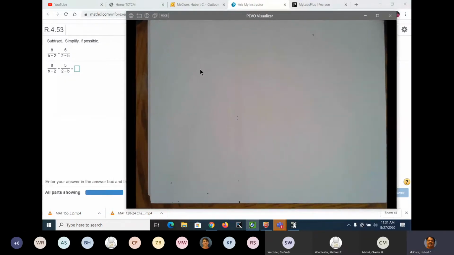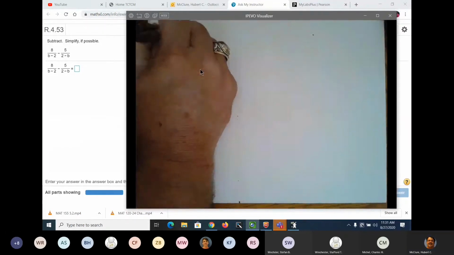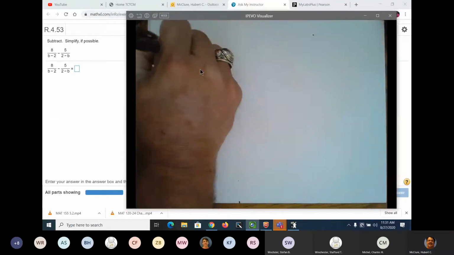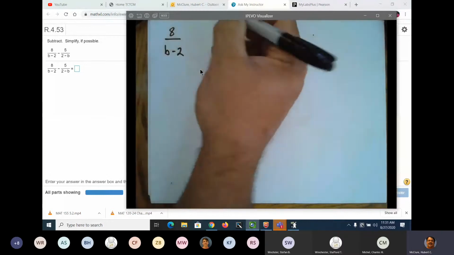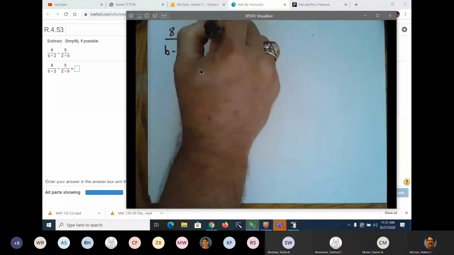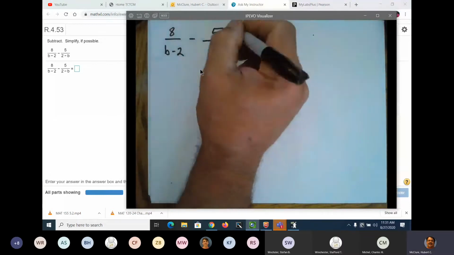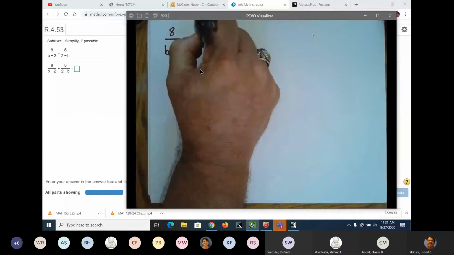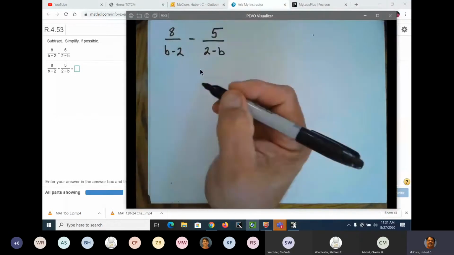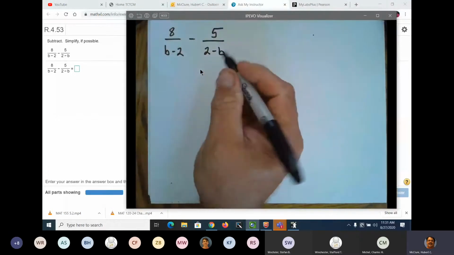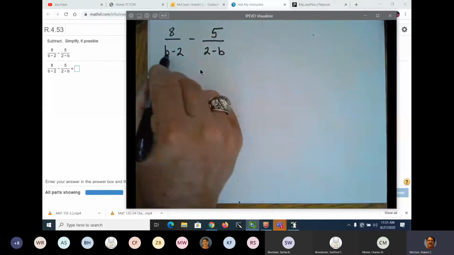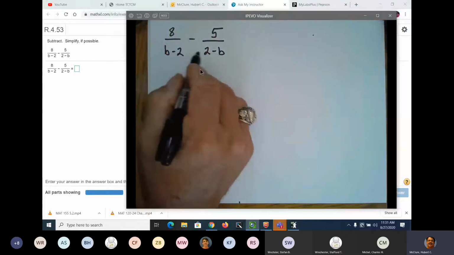So this one says 8 over b minus 2 minus 5 over 2 minus b. I'm going to write this differently because I've got a similar denominator here. I believe I can make this work.